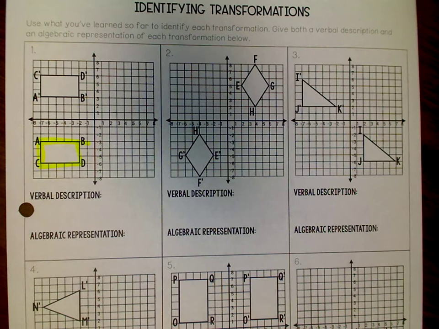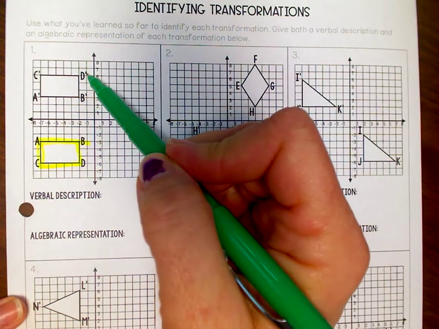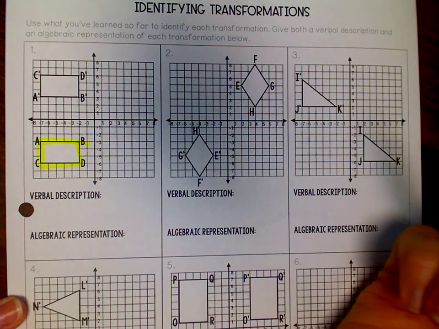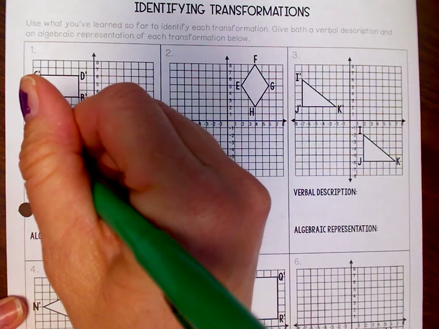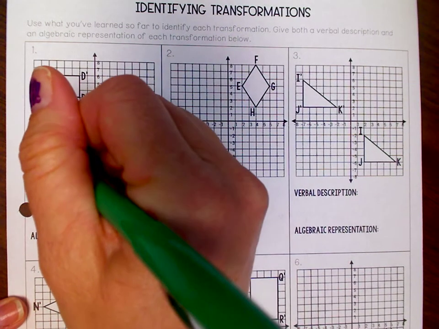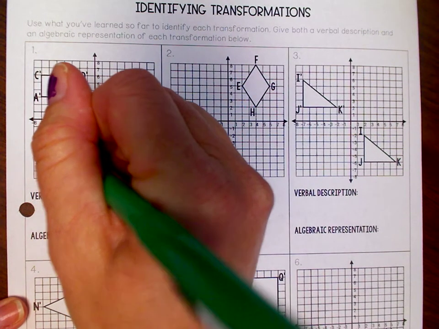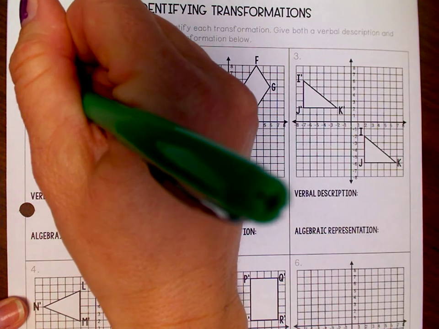And we know that because the prime, the new image, is going to have little tick marks beside it. So we know this is our original, and this is our new.